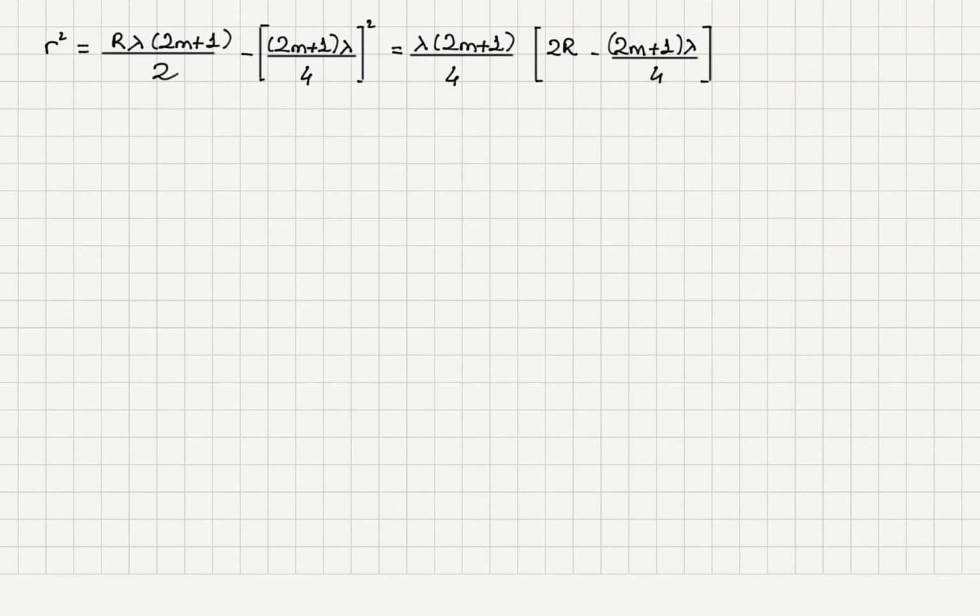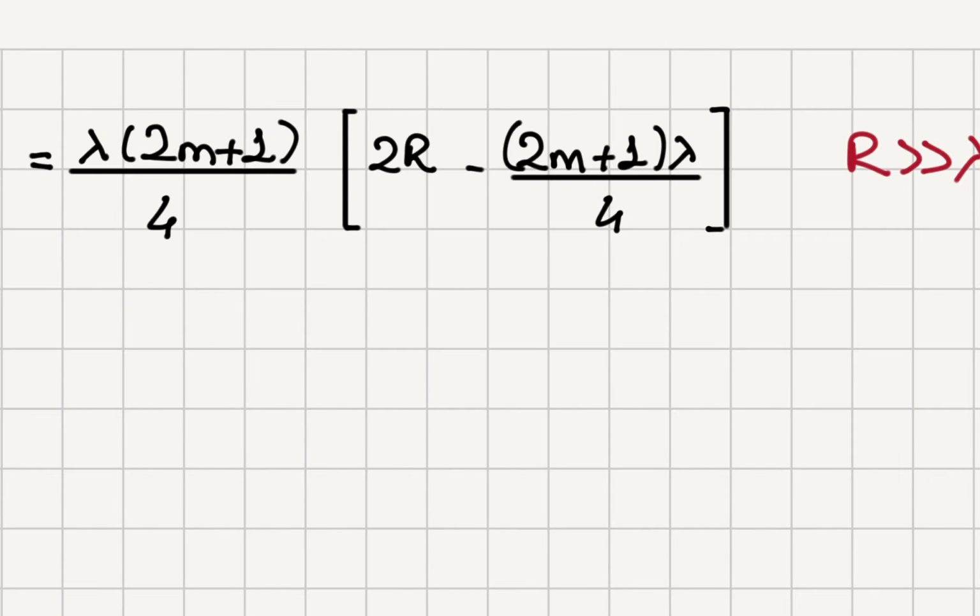And here I recall that my capital R is much greater than the wavelength. So looking at this part here, I can see this term can be ignored because it's much less than 2 capital R. And I'm looking at the third interference, so m is a small number also. So this is going to be of the order of lambda, therefore it's going to be much less than 2R.